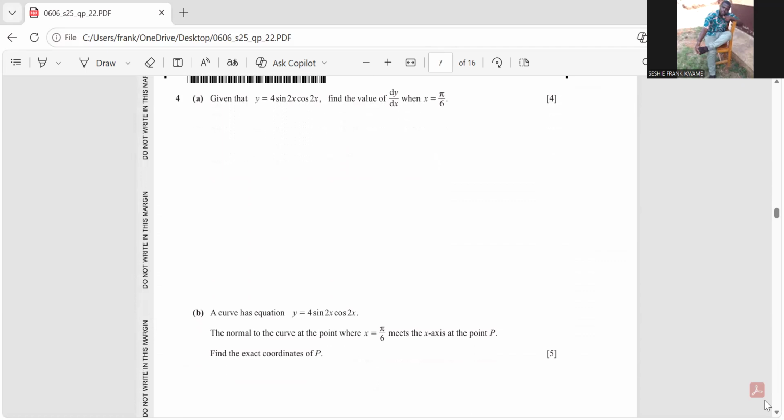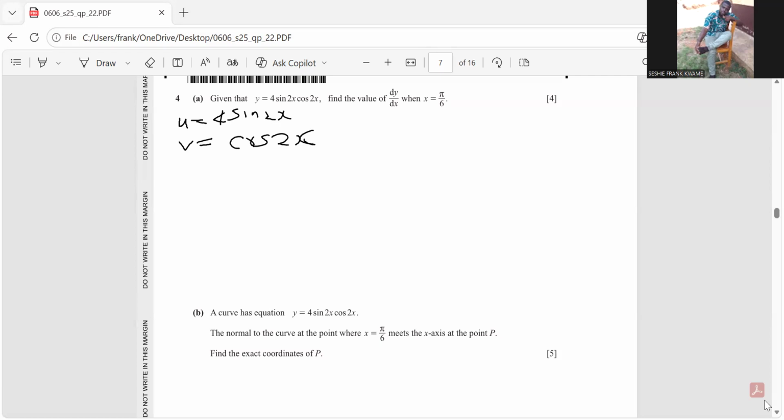Don't forget, this is going to be a function times a function, so you can use the product rule. In that case, we can just let u be equal to 4 sin 2x, then let v be equal to cos 2x.